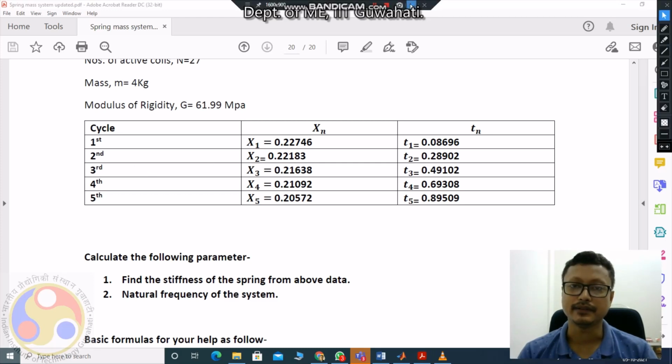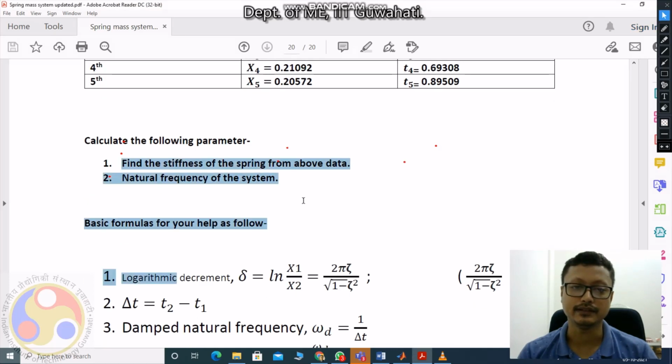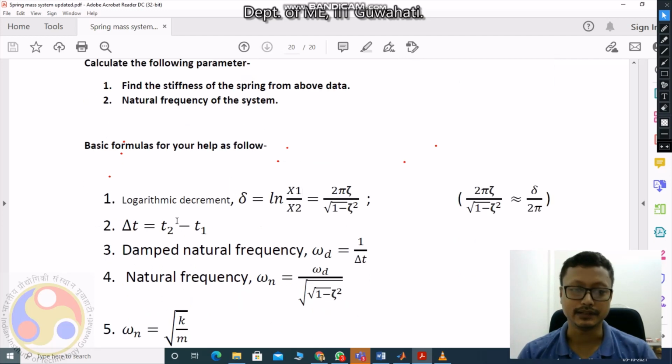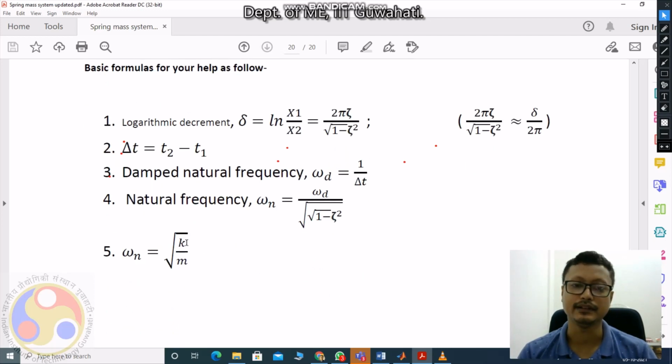So these are the 5 cycle data. This is for the first cycle, second cycle, third cycle, and x1, t1, x2, t2, everything is given. Finally, you need to find these two things: the stiffness of the spring and the natural frequency of the spring. These are the formulas, I have written them here again for your help.